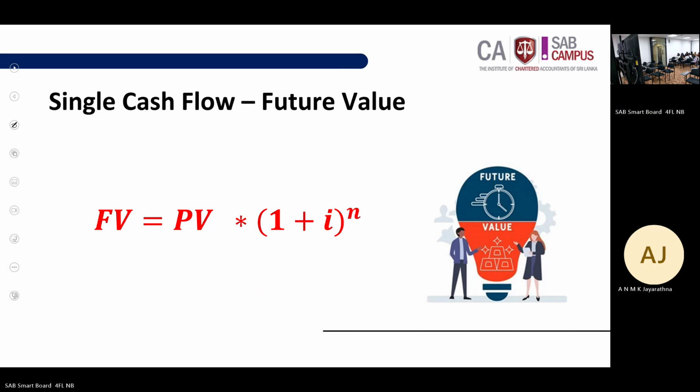Sakir deposits 1 million today, in year 0, and then in the first year, second year, third year, fourth year and fifth year, he deposits 1 million each year, from whatever business he has.